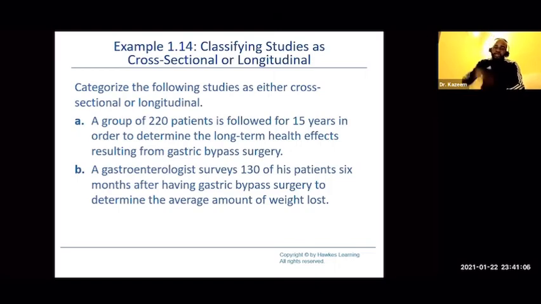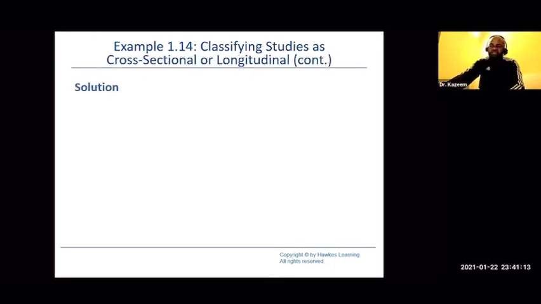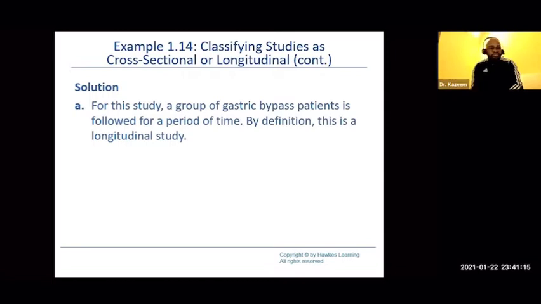You actually follow them for 15 years. Of course, that should be a longitudinal study. That was the reason why I chose a longitudinal study, because you follow them more than one time, for 15 years. So that's an example of a longitudinal study.